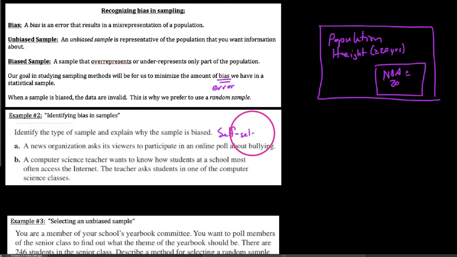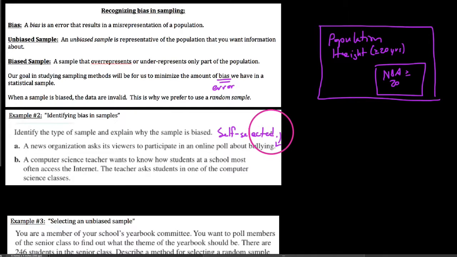Now in terms of why self-selected samples may be biased, and I'm talking about letter A here, because it says that a news organization asks its viewers to participate in an online poll about bullying, we're only getting results from those people who chose to respond. Let's put it this way.